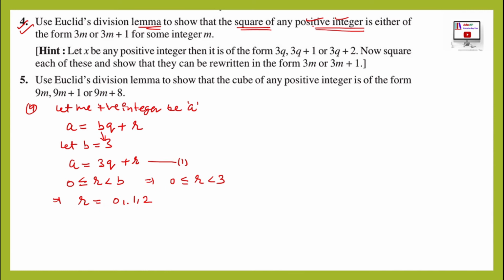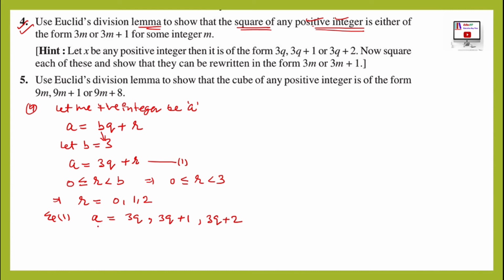So for r equal to 0, 1 and 2, equation 1 becomes a is equal to 3q plus 0, which means 3q, or a will be 3q plus 1, or a will be 3q plus 2 for r equal to 2.